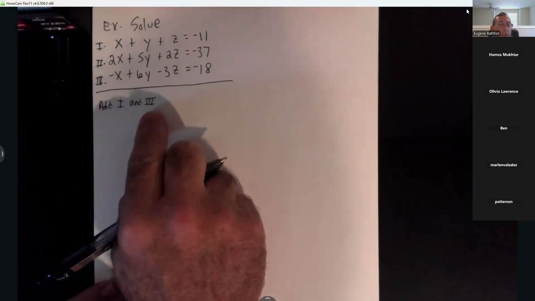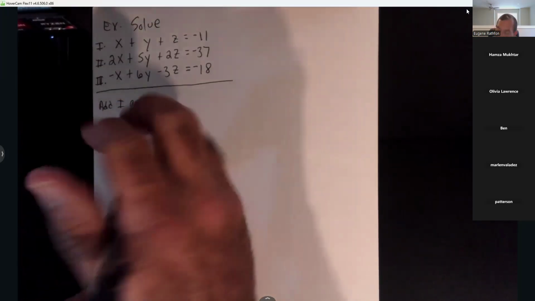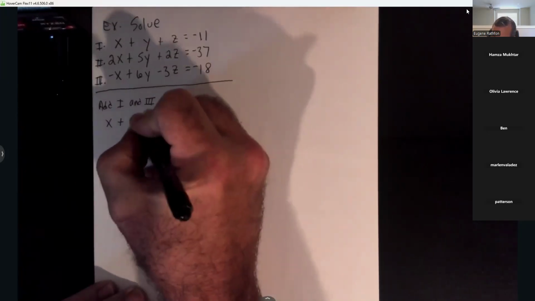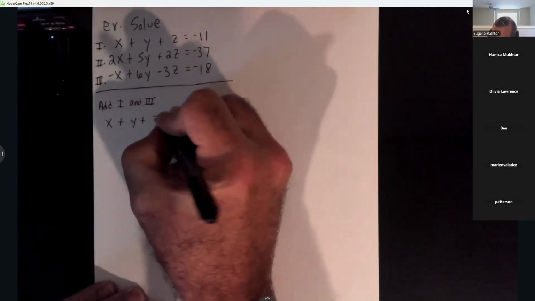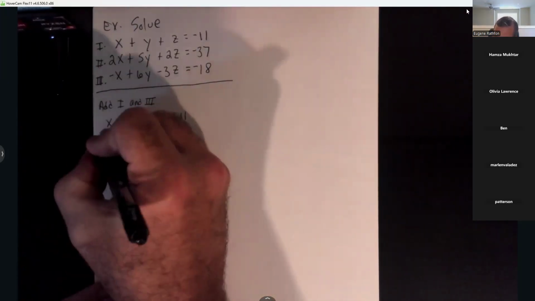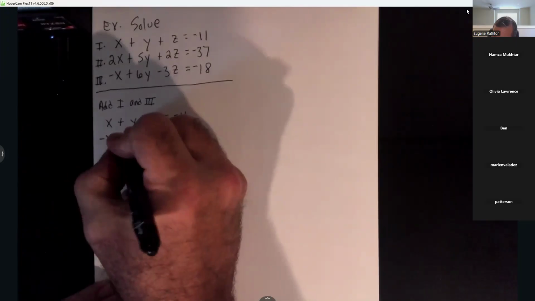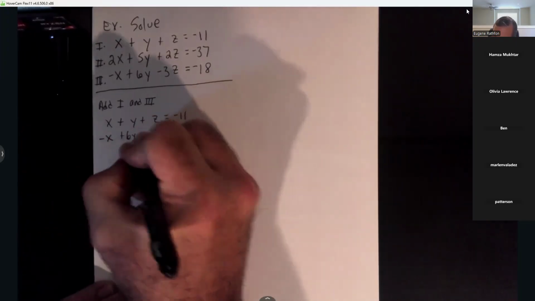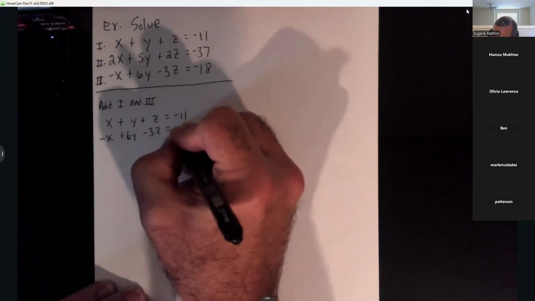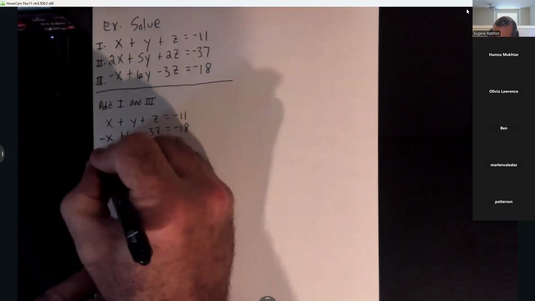So that gives me x plus y plus z equal negative 11. And then equation 3 was a negative x plus 6y minus 3z equaled negative 18.